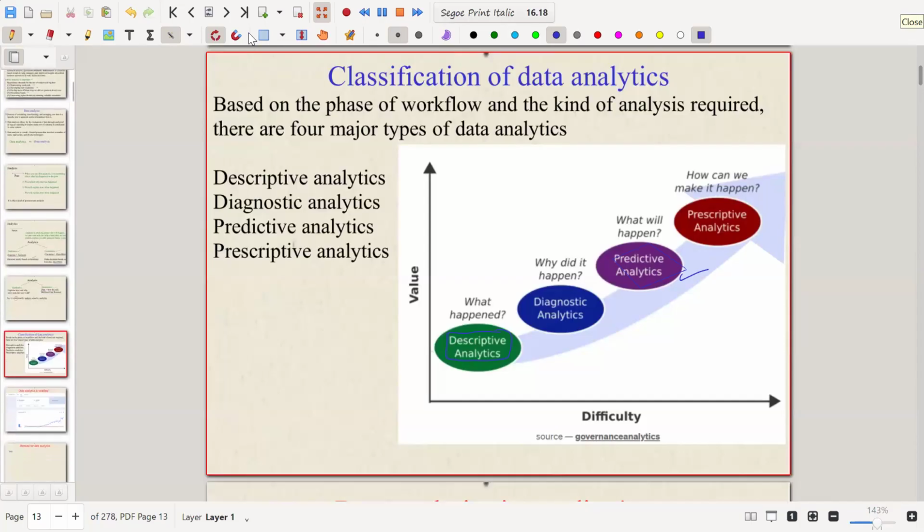Now, many of you have already taken your BSc course in data analytics. The question is, why did you think you should take data analytics in your bachelor's? That's the first question. Because it is trending, isn't it?